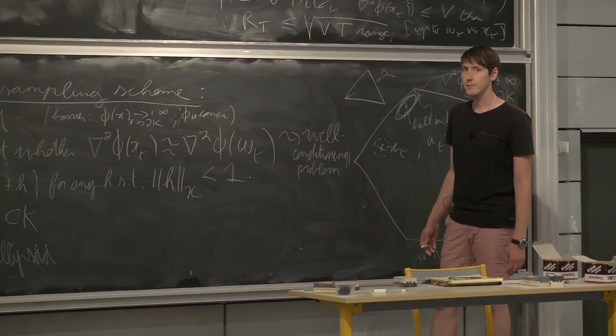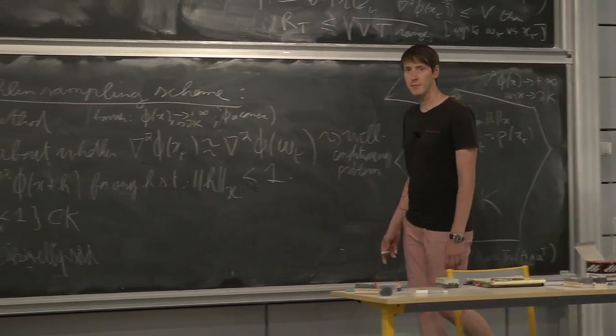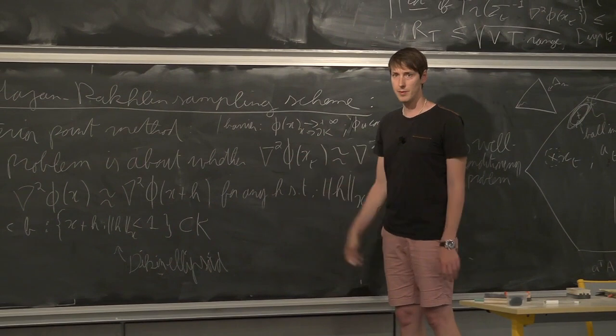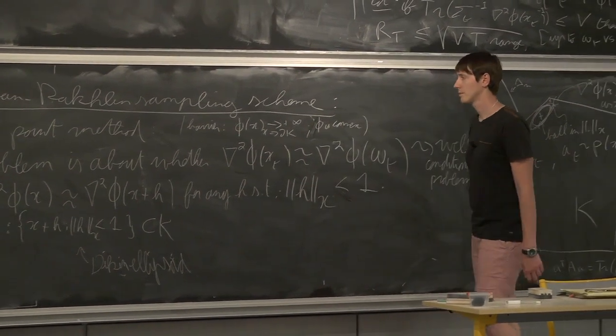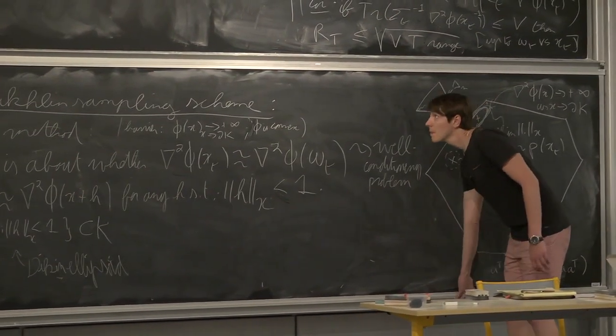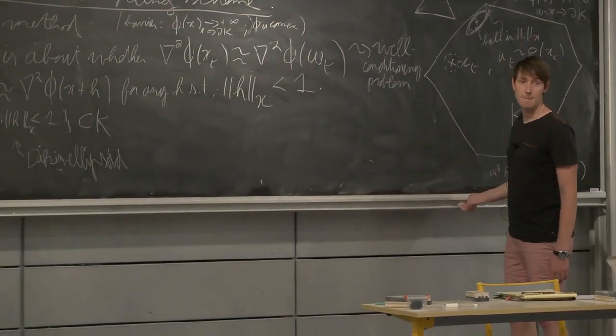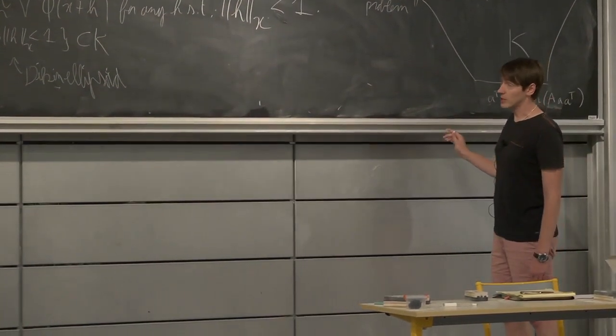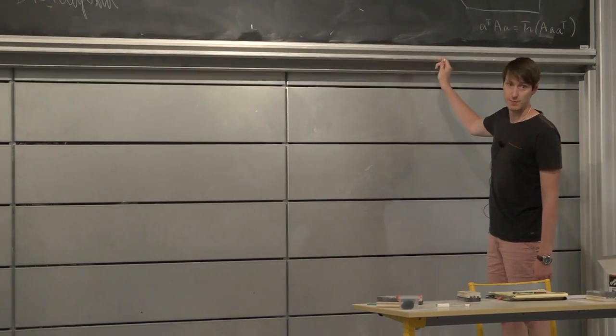Is it phi? Yeah, it's phi. This is a definition of a barrier. And we have such a function for all convex bodies. Very good. We're going to talk about that. The answer is yes.